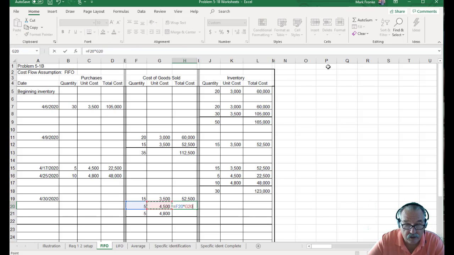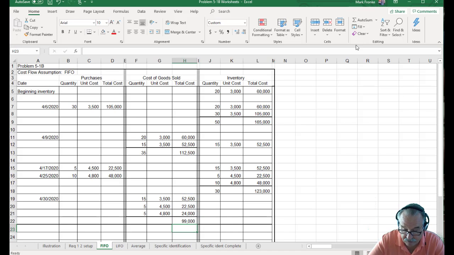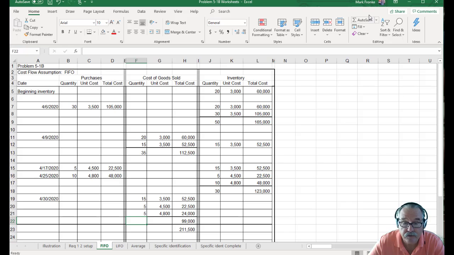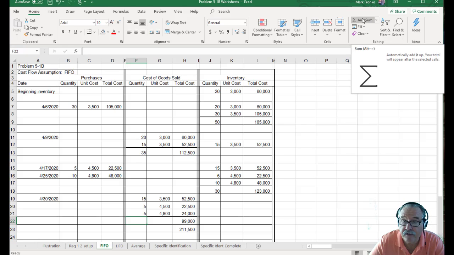So our cost of goods sold for this sale is $99,000. So if I add the $99,000 plus the $112,000, our total cost of goods sold is $211,500.